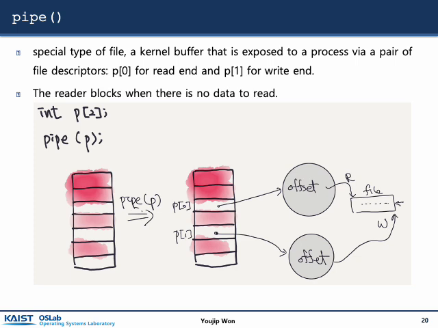So when the pipe system call completes, the first entry of the argument array contains the file descriptor of the read end of the pipe, and the second entry contains the file descriptor of the write end of the pipe.